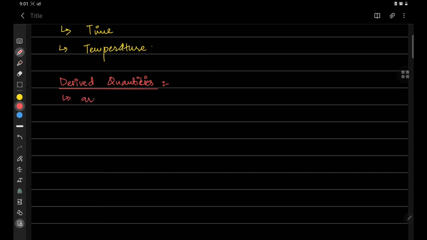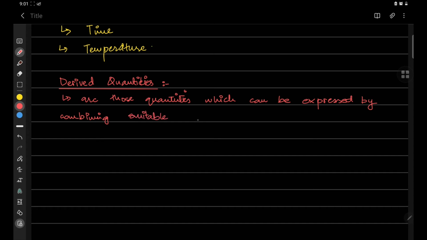Derived quantities will be those quantities which can be expressed by combining suitable base quantities.